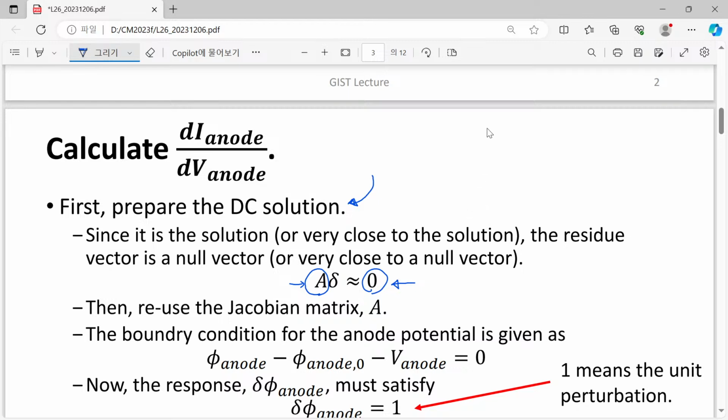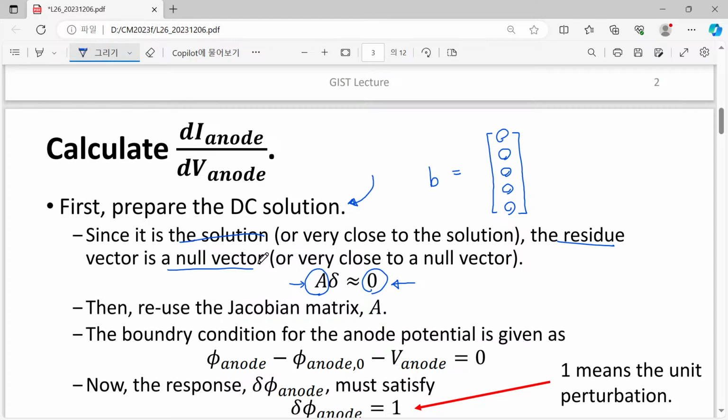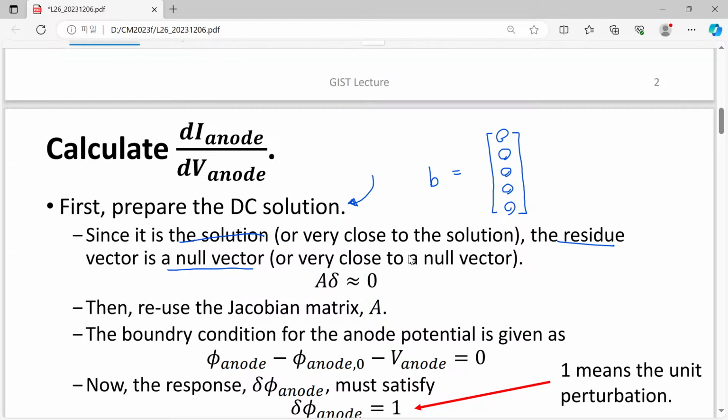Because this is the definition of your solution. You evaluate a vector called the residue, and all of its entries should vanish. The solution vector which satisfies this condition is called a solution. So if it is the solution, then your residue vector should be a null vector. This is the situation you have for the last DC Newton iteration.